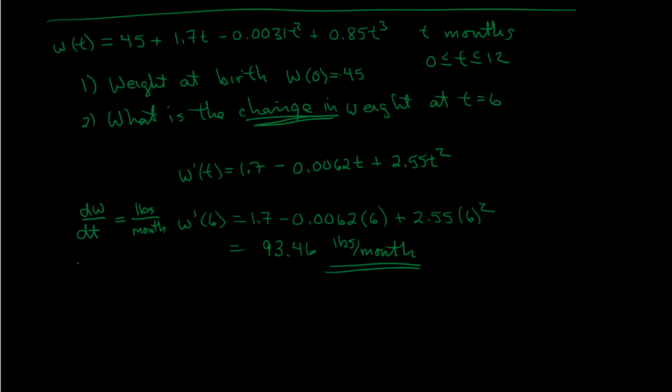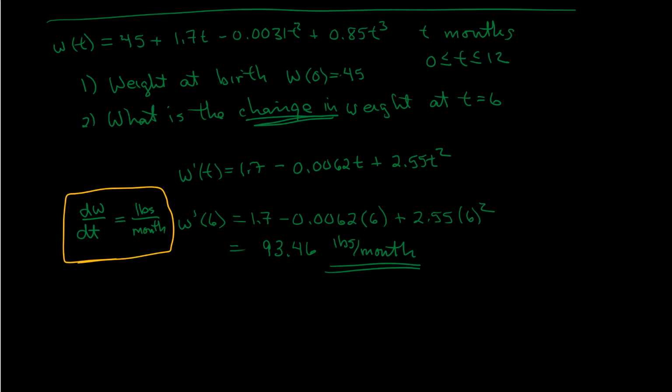Well, remember, using Leibniz notation, this would be dW/dt, not dx, because here the variable is t for time. In the numerator, the weight, W, is measured in pounds. So the units in the numerator are going to be pounds. In the denominator, the variable t is measured in months.